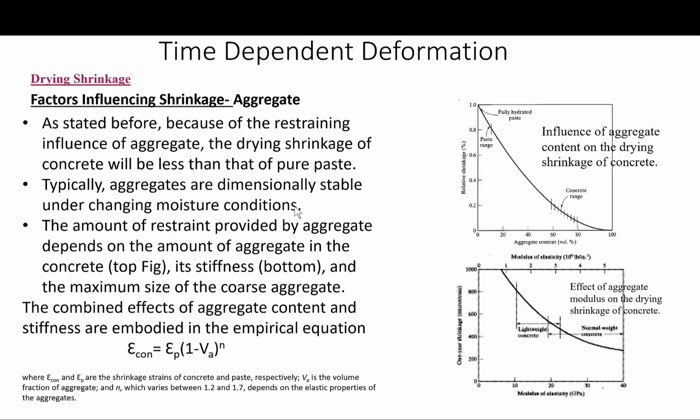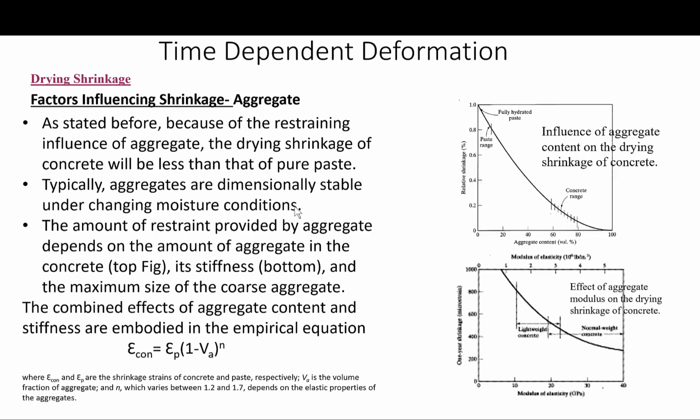Okay, let's talk about the factors that affect or influence the shrinkage. The first is the aggregate. The drying shrinkage of concrete will be less than that of pure paste because of the restraining influence of the aggregates.